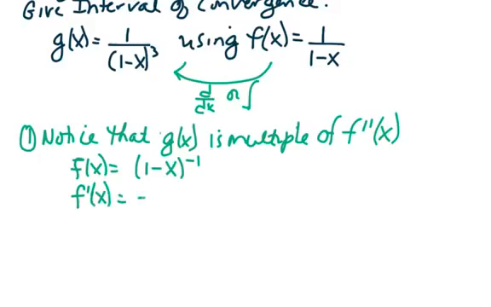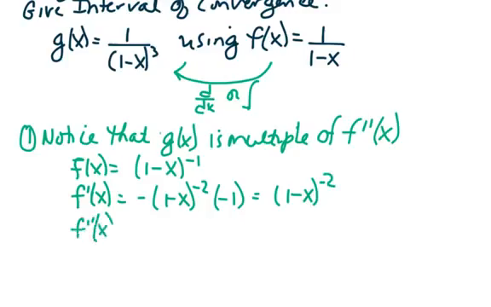And the first derivative is minus 1 minus x to the negative 2 using the chain rule. That's the derivative of the stuff. So this becomes 1 minus x to the negative 2. The second derivative is negative 2, 1 minus x to the negative third power.